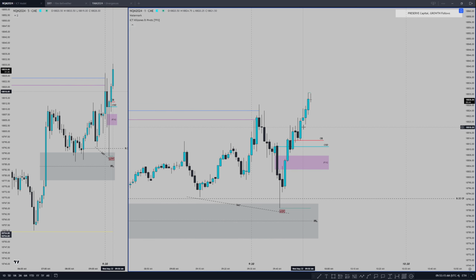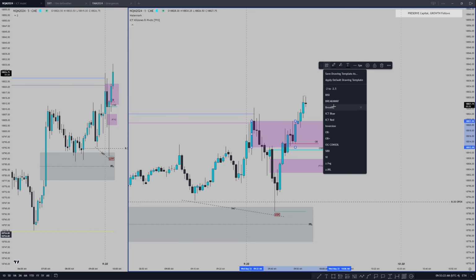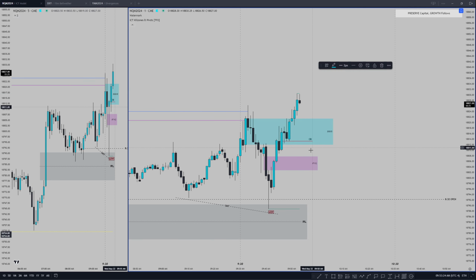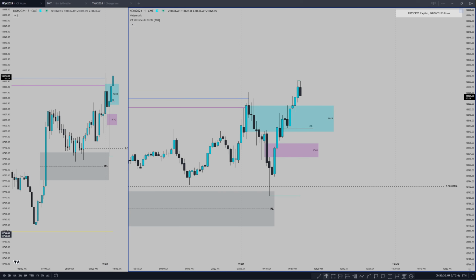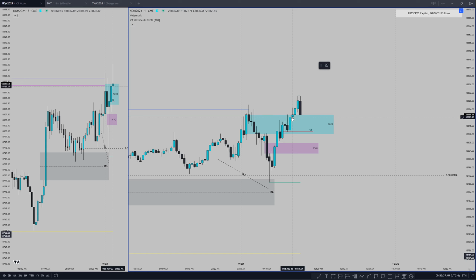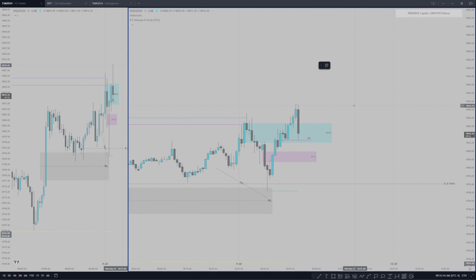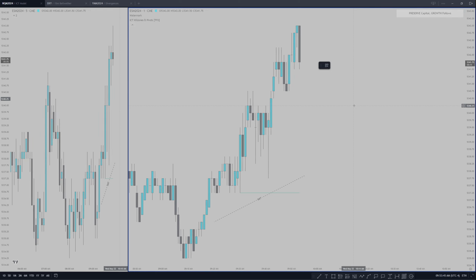Kind of just efficient price delivery all the way up. I would look at this as a breaker. Gonna remove some of this other stuff. SMT here. There's a tiny volume bounce there, I guess. Yeah, you're right. And the bullish order block. Still no ES gap.